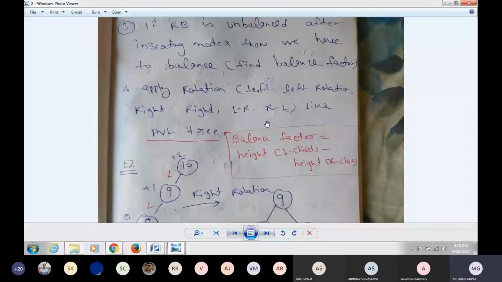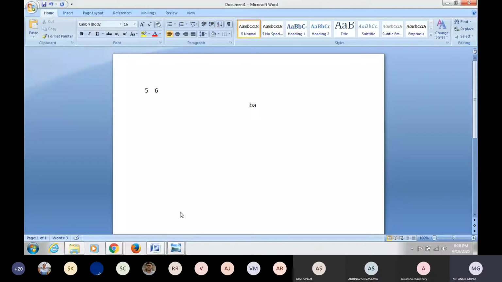So now if the balance factor is -1, 0 or 1, okay. If the balance factor is -1, 0 or positive 1, okay.